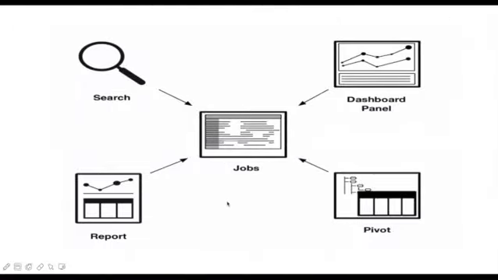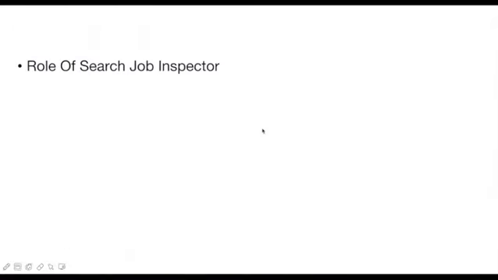So this is all about the job. What is the role of the job inspector? First, it allows you to examine the overall stats of your job. Secondly, you can find out how the search was proceeding and where the search is spending more time. It is also used to troubleshoot search performance and understand the impact of knowledge objects on processing. The knowledge objects mean event types, tags, and lookups.